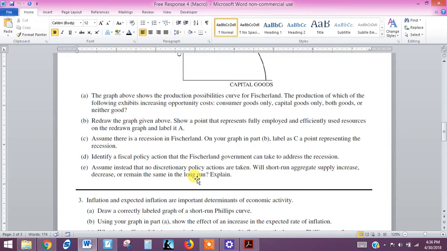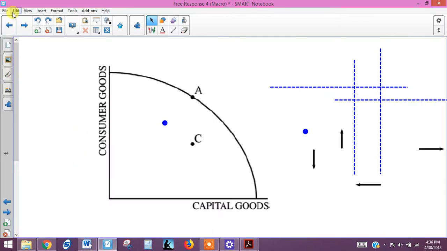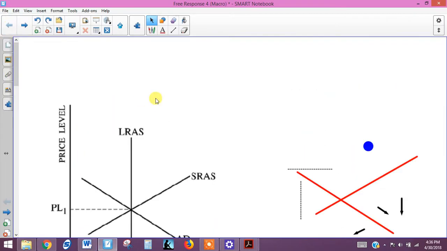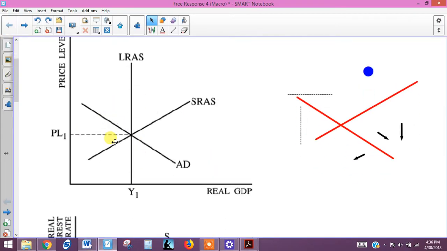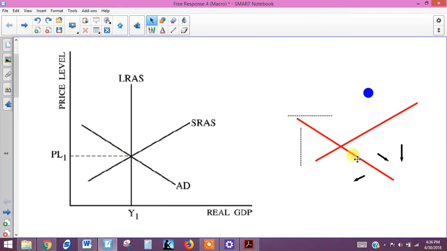So the first thing we want to know is that because of this recession, the aggregate demand in the economy has shifted to the left. Okay, so we have a lower output, right? And we have a lower price level.